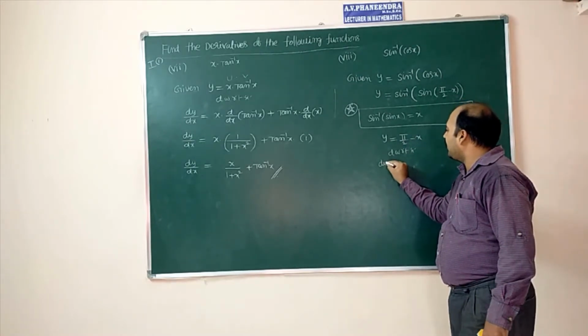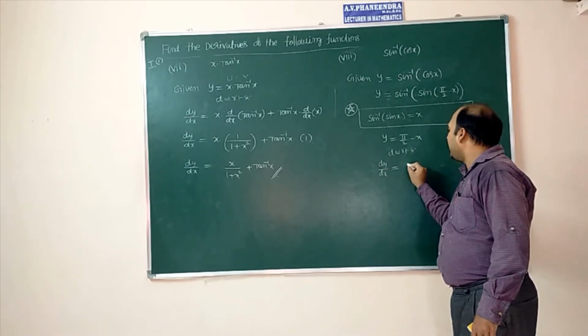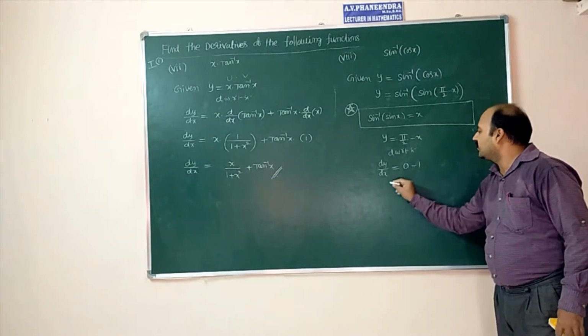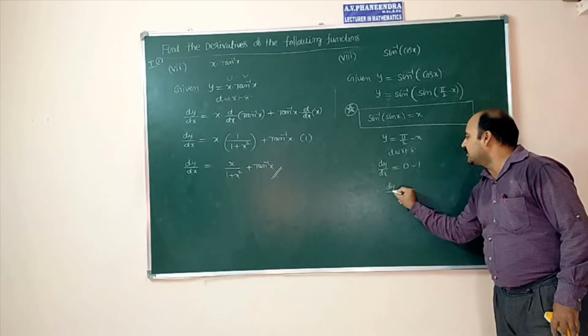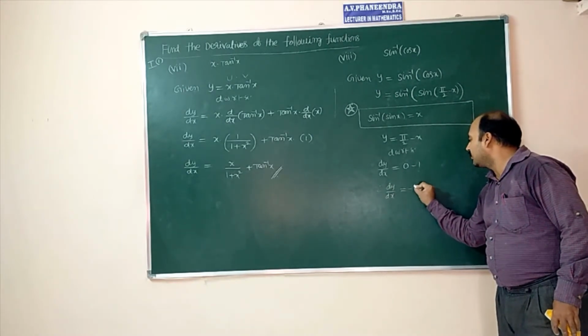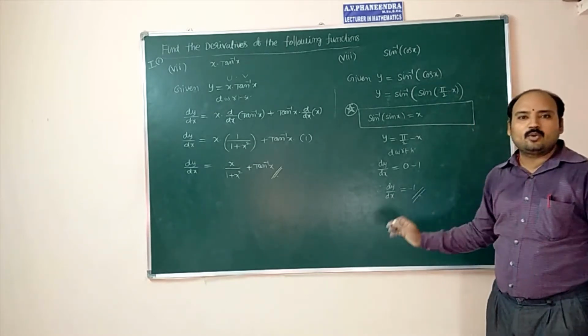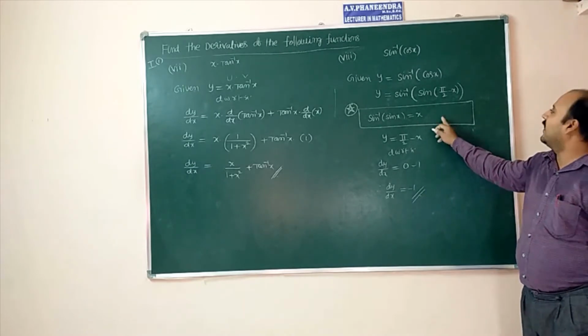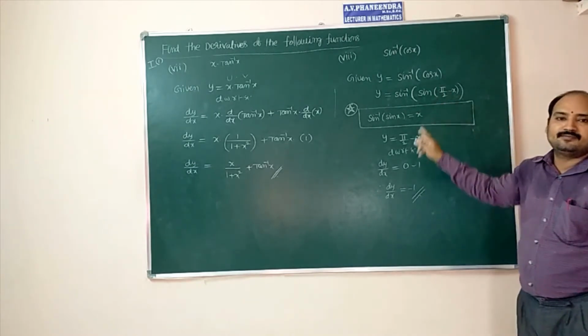The derivative of y is dy by dx. Pi by 2 is a constant, so its derivative is 0. The derivative of minus x is minus 1. Therefore, dy by dx is equal to minus 1. Like this, you have to do it. This is the alternate method by using the inverse trigonometry formula as well as some trigonometry formulas.